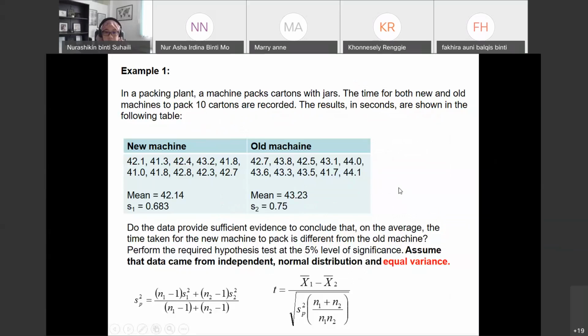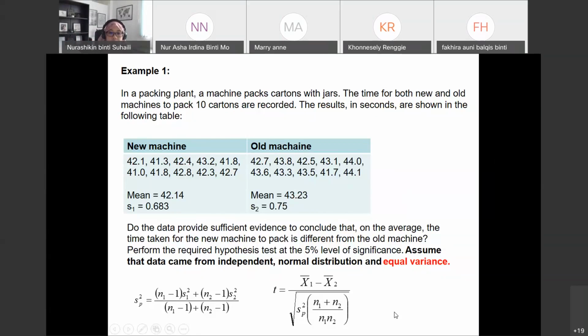So here, assume the data came from independent normal distribution and equal variance. This will guide you to unknown standard deviation of the population, under independent samples. So here, this is the formula that you have to use.